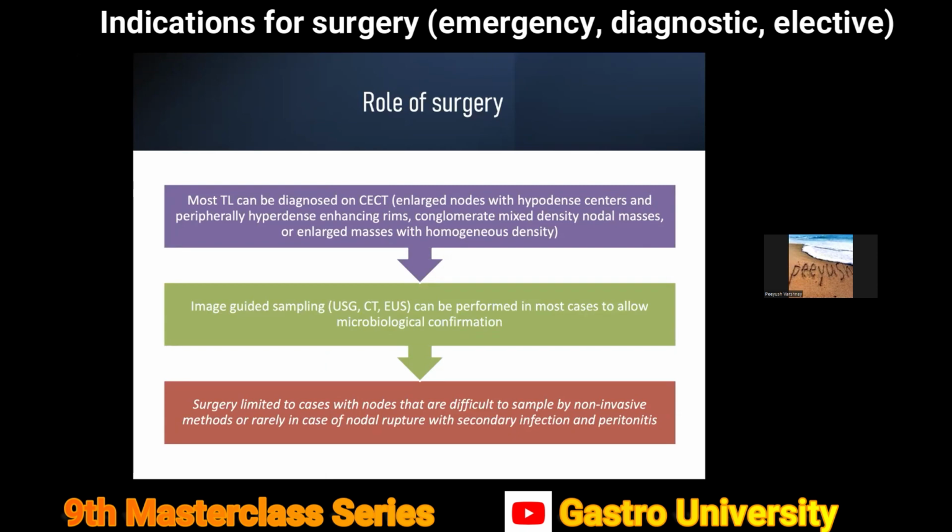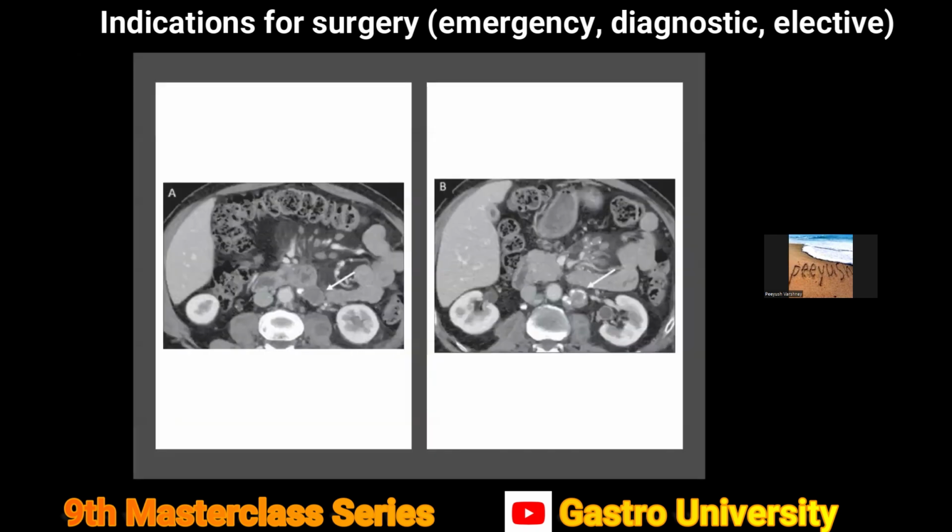So surgery is limited to those cases which are difficult to sample by non-invasive methods, or rarely in cases where there is a nodal rupture with secondary infection and peritonitis. So in cases like these, tubercular lymph nodes are difficult to target and sometimes may require a surgery for sampling.